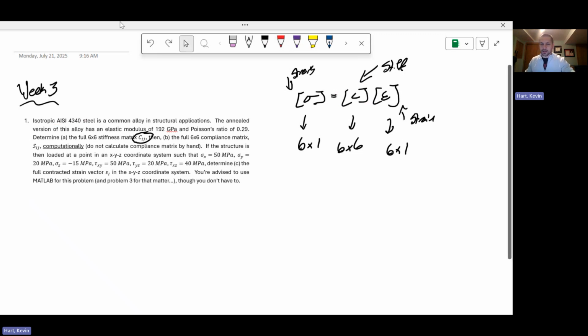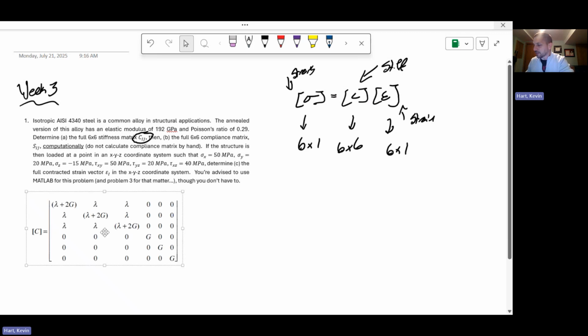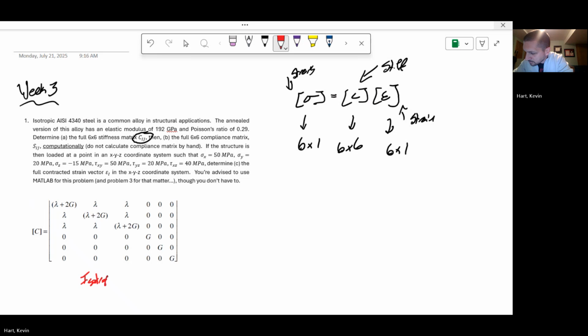So if you go to the notes and take a look at the stiffness matrix for an isotropic material, it has kind of an unusual form and it uses variables that we don't see all that often. So let's take a look at what that actually looks like. I'm going to pull that in here. This is right from the notes. This is the stiffness matrix for an isotropic material, and we have these unusual variables.